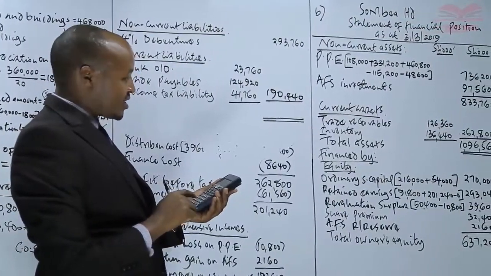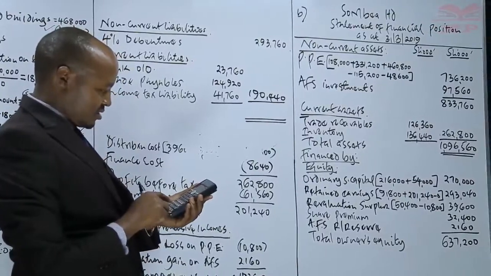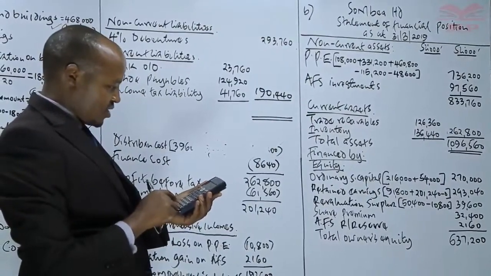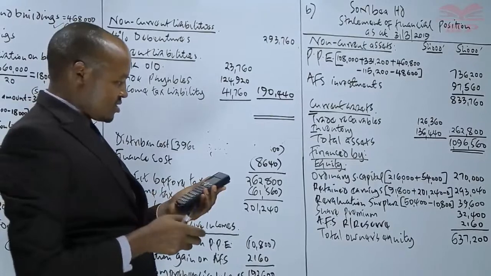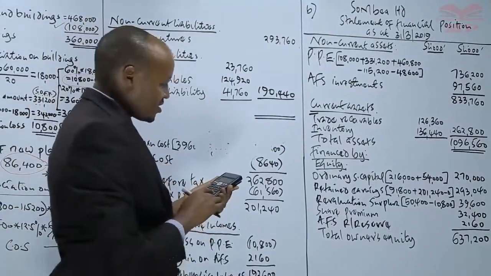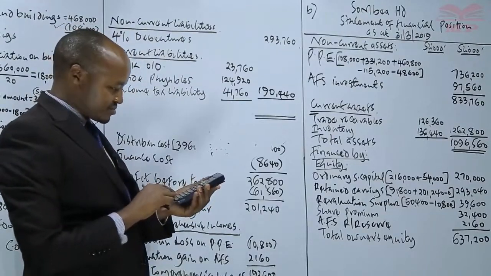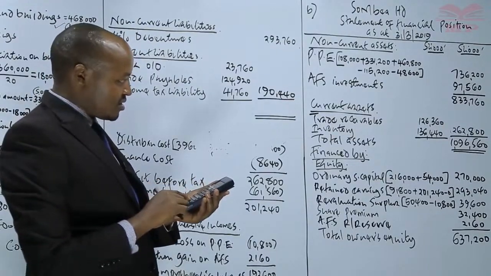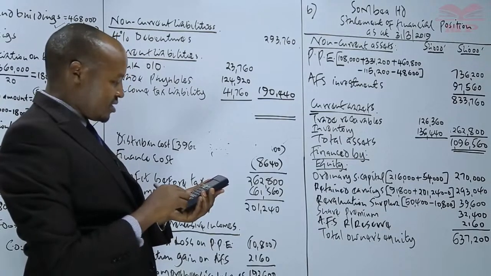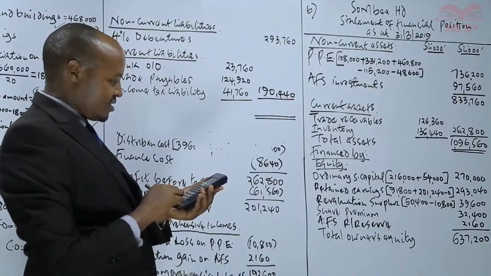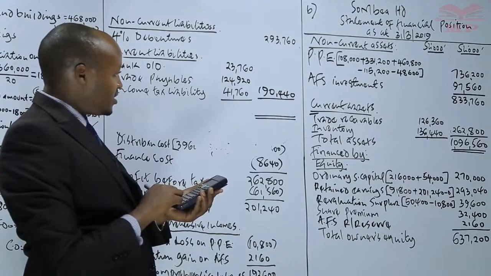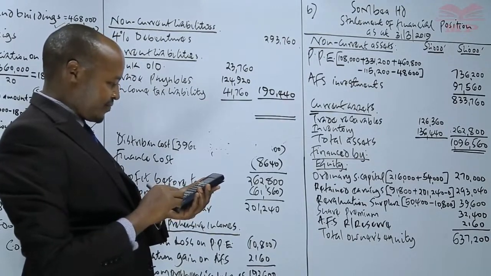And then plus equity, which is 637,200. Okay, let's take that again. We have 637,200 plus 293,760 plus 190,440.